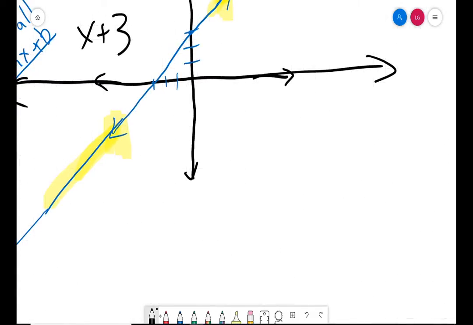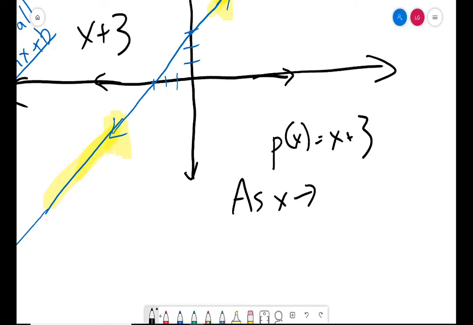But let's actually write out some of how this might look. So our polynomial, again, we're looking right now at x plus 3. As x goes right, meaning goes very far to the right, goes to positive infinity over here. X, right? 1, 2, 3, 4, 5, 6, 7. X goes out, out, out.